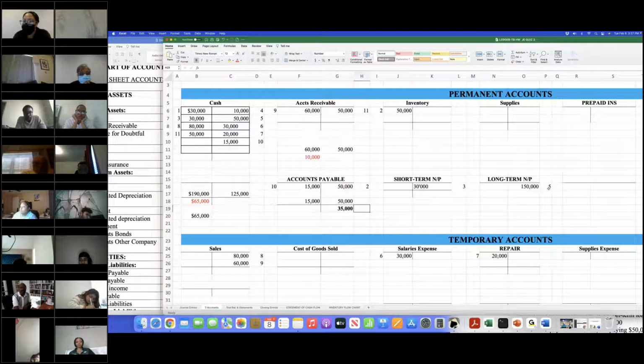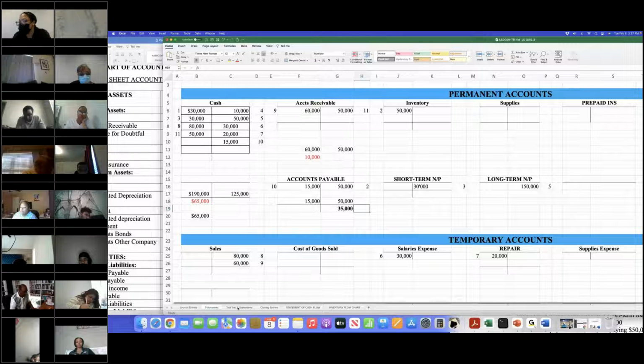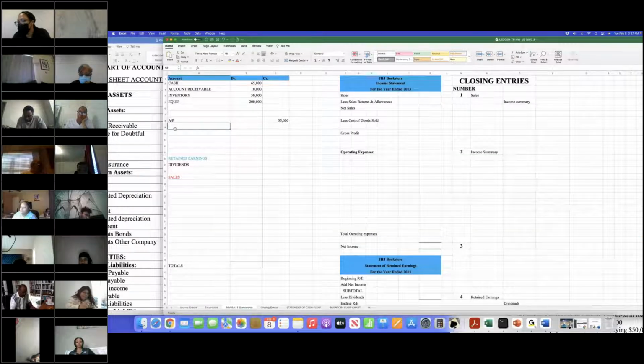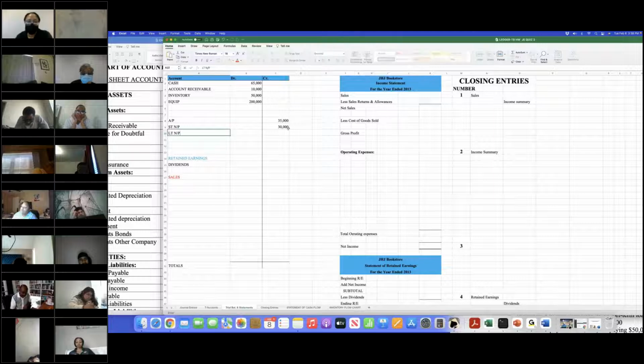So the short-term note payable, and the long-term note payable is going to be 150,000.